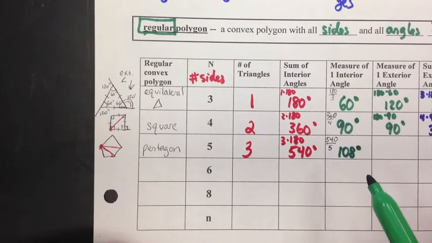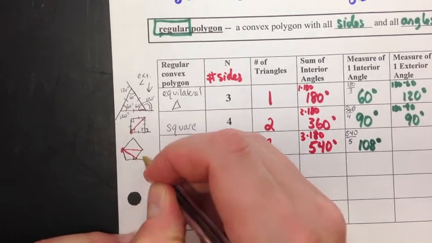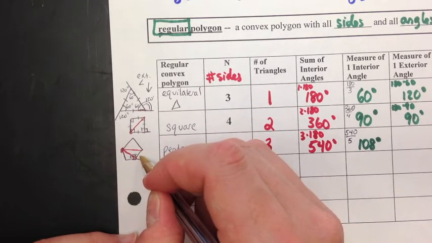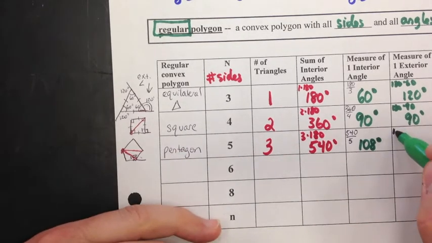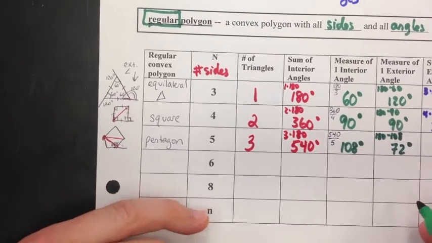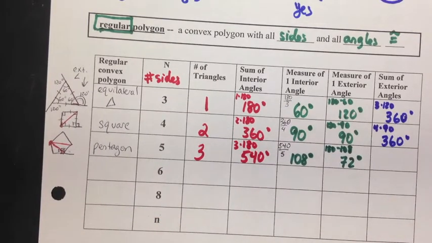That's inside. Okay, so how do I find exterior? Exterior would be if I just extend this. So this is 108. I would do 180 minus that to get the exterior. So 180 minus 108 equals 72 degrees. Now that's an exterior angle.